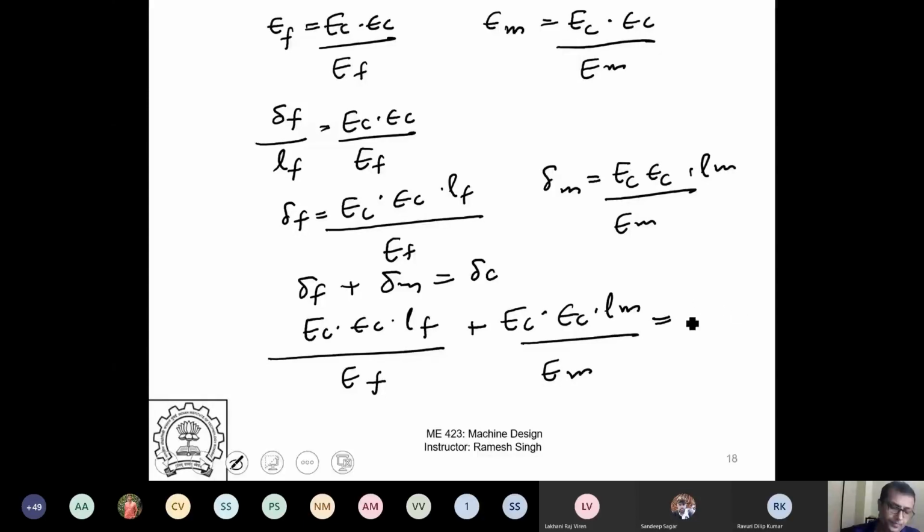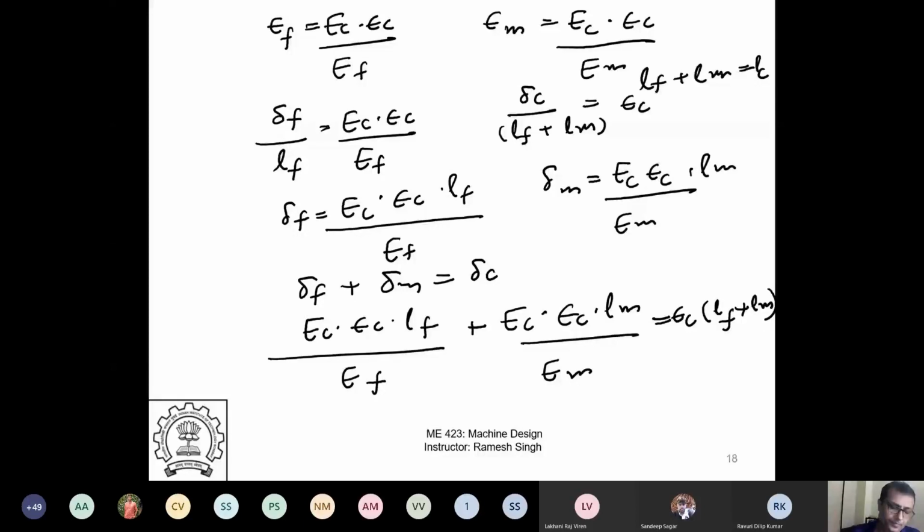So delta C divided by LC, where LC is the total length, LF plus LM. So delta C by LC will be epsilon C. So now what I can do is put epsilon C times LF plus LM here.